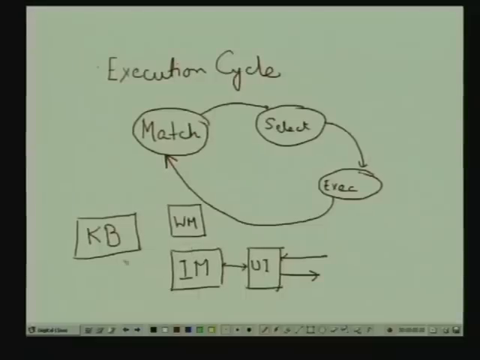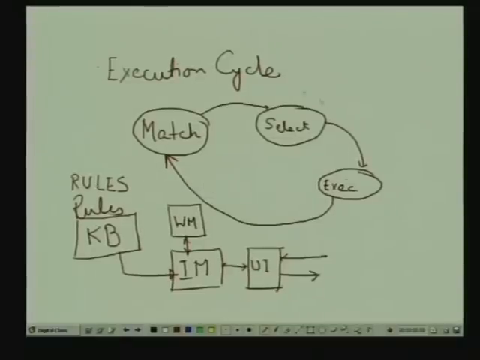The inference machine reads from and writes to the working memory, and the knowledge base consists of rules in the case of a rule based system. All right, rules. And it is needless to say at this point that rules have the structure: if antecedent then consequent.